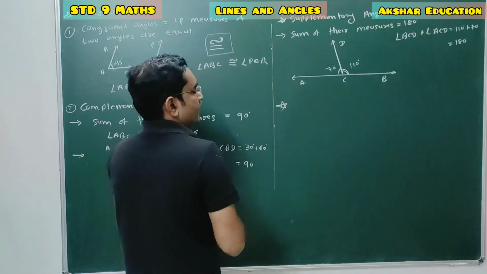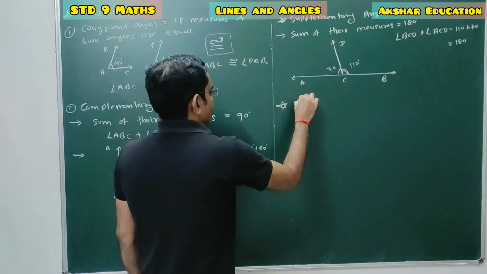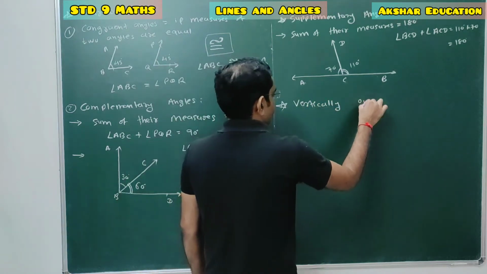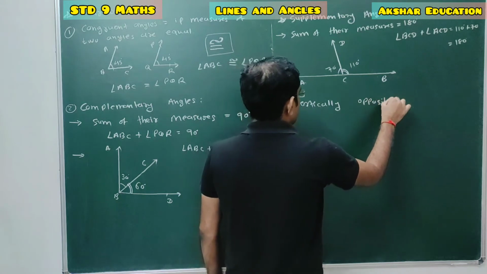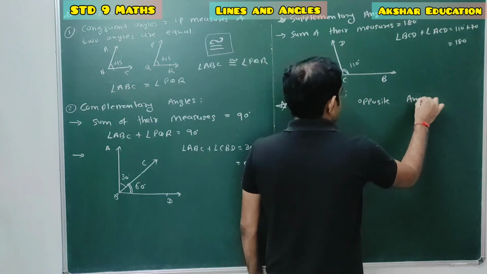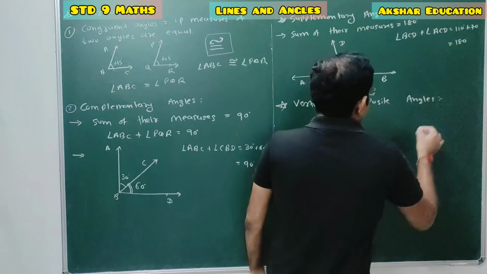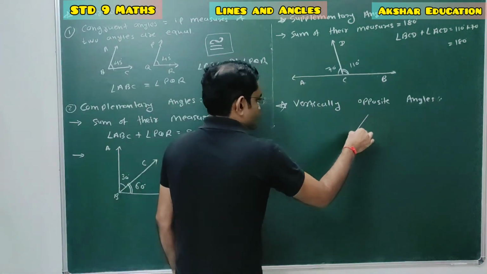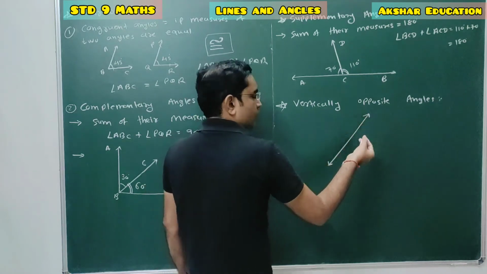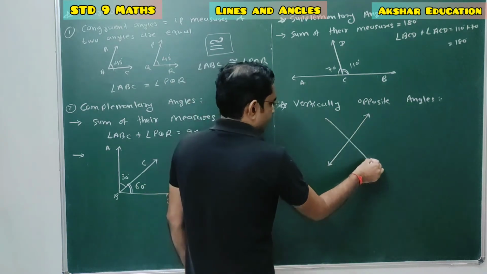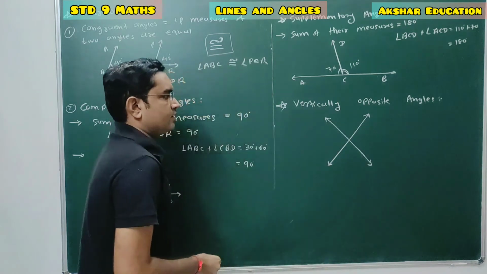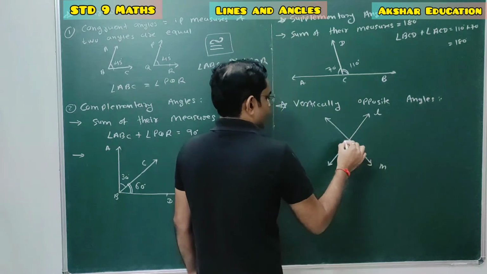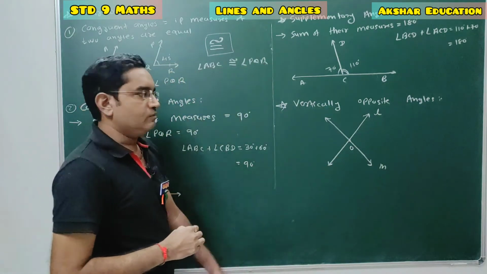Now the fourth type of pair of angles is vertically opposite angles. So what are vertically opposite angles? When two lines or two line segments or rays intersect each other, suppose line L and line M, and they intersect each other at point O, four angles are formed.